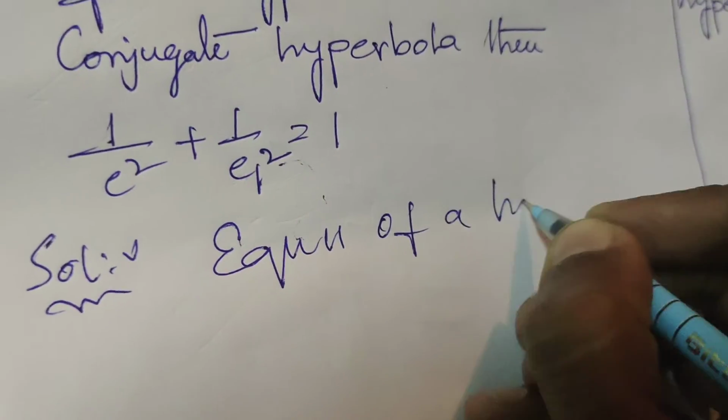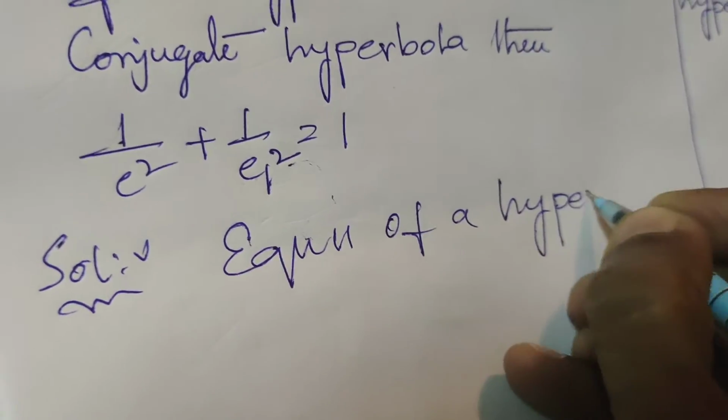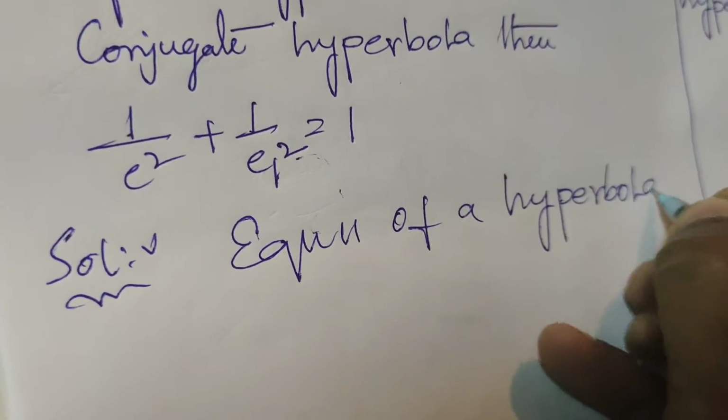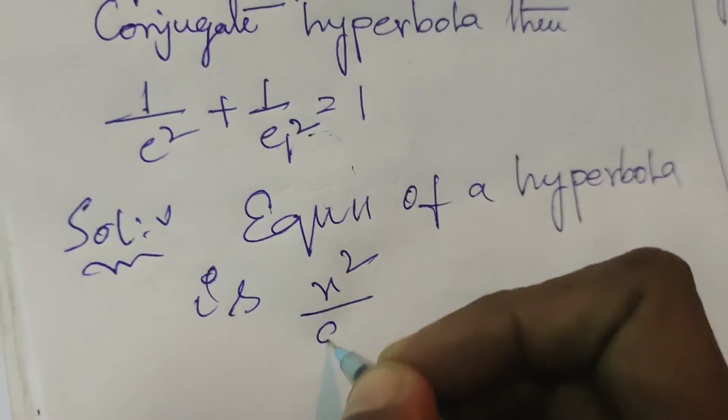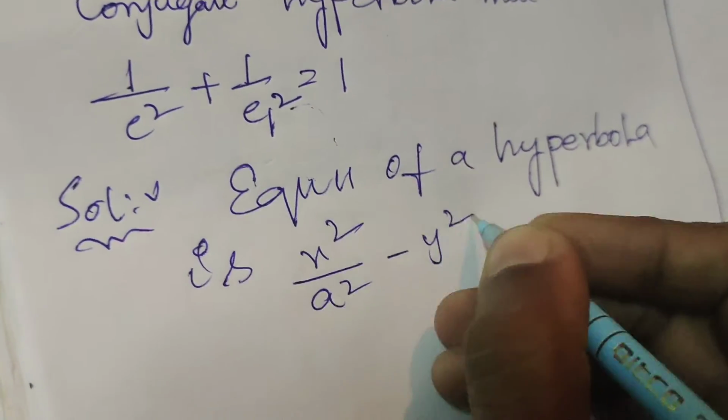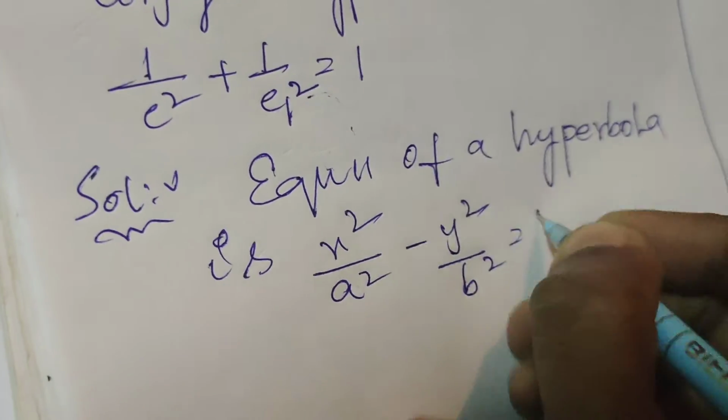of a hyperbola. The equation of a hyperbola is x square by a square minus y square by b square equals 1.